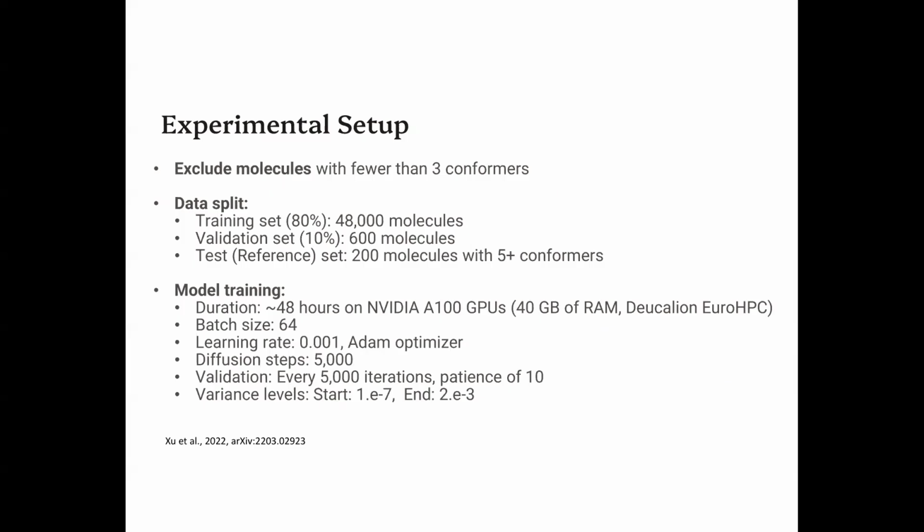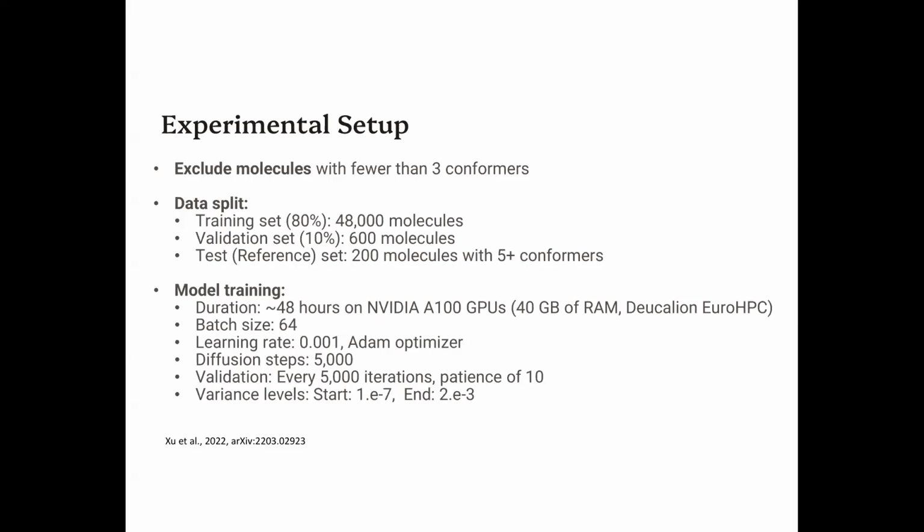Okay, what was the experimental setup? We assumed that to have a reasonable training, we had to exclude molecules with very few conformers, so all the molecules in the training should have at least 3 conformers. Then we divided the available data into training, validation, and test sets, using 80% for training, which came to about 48,000 molecules, and a validation set of about 600.